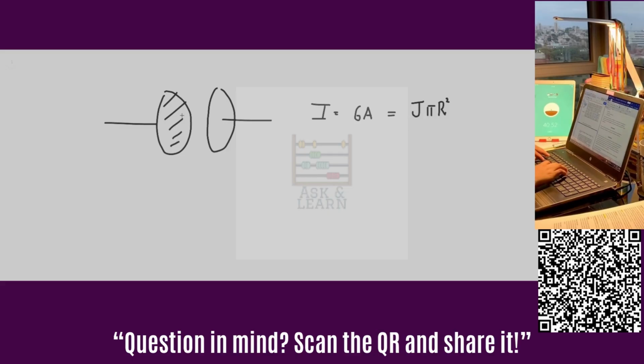So the current at any given radius, suppose we take a small radius r, the net current inside this radius will be given as J into pi small r square. And thus we can write the whole thing as capital I r square over capital R square, where I is the total current over the entire surface.